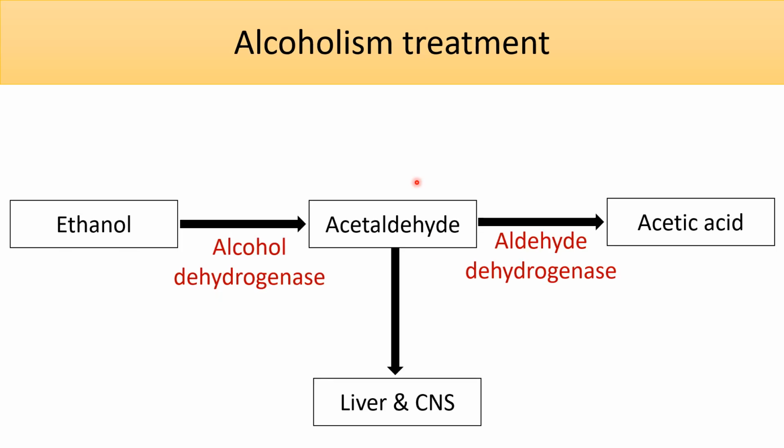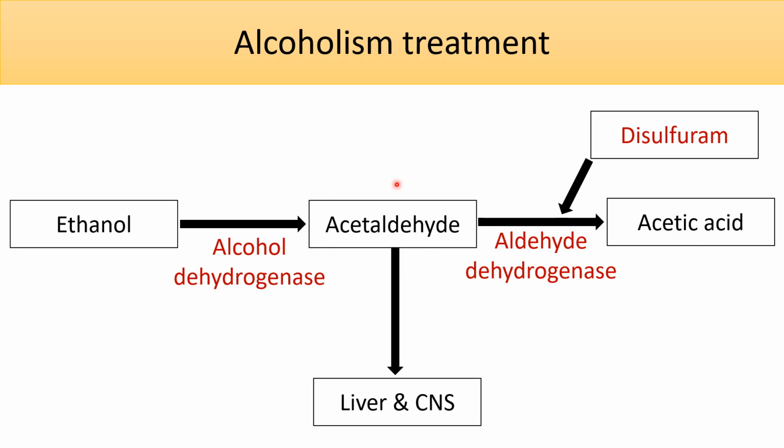Next, we'll see about treatment in alcoholism. For an alcoholic patient, we'll give a drug called disulfiram. When a patient is on disulfiram, this disulfiram will inhibit aldehyde dehydrogenase. So it will prevent the conversion of acetaldehyde to acetic acid. So when a patient is on disulfiram treatment and he consumes alcohol, the ethanol will get converted to acetaldehyde, but acetaldehyde cannot get converted to acetic acid.